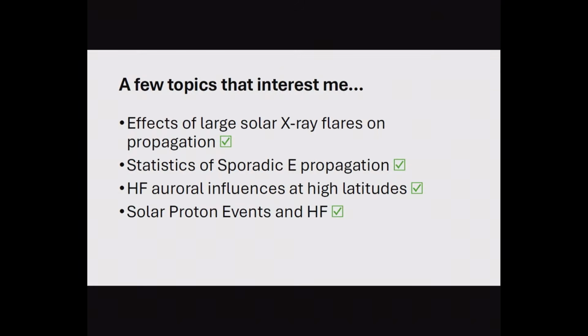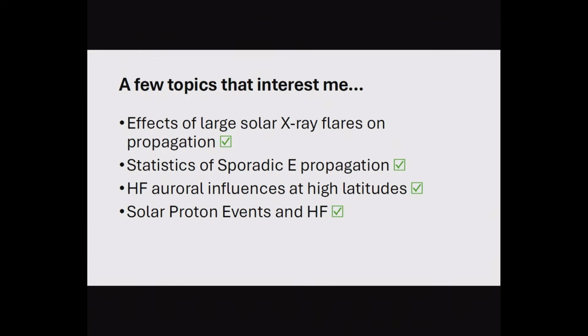So I'm going to talk about these things in order. I've used the WSPR database and some other data sets to look at the effects of solar flares on propagation, mainly at HF. Then Sporadic-E on 6 metres and 2 metres in particular.